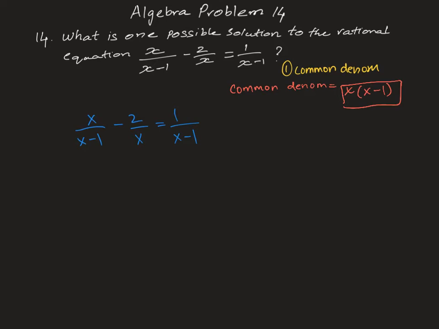And we can rewrite that and multiply by each one of these expressions. So we'll do x times x minus 1, x times x minus 1, and x times x minus 1. That may seem confusing at first, but essentially we're just multiplying the entire equation, and it's easier to visually represent it when you're writing it like this.